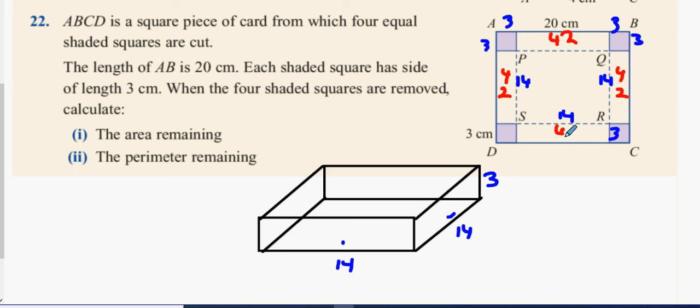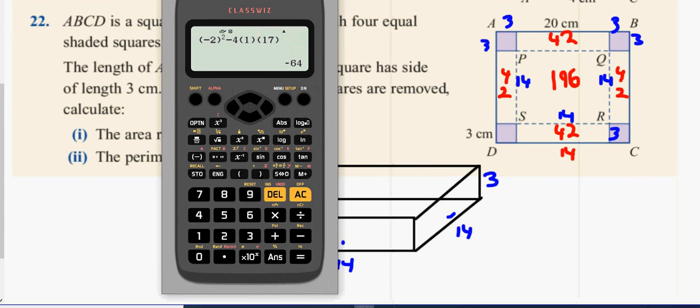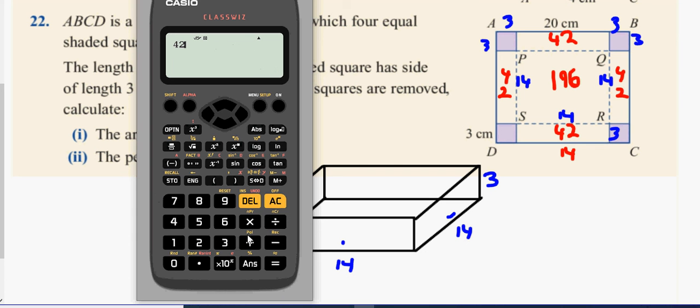That'd be another 42. And then what would be 14 times 14? 196. We would have got 42 plus 42 plus 42 plus 42 plus 196, and we would have got 364. Is that what you guys got?